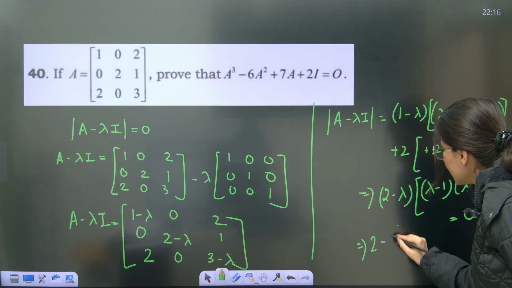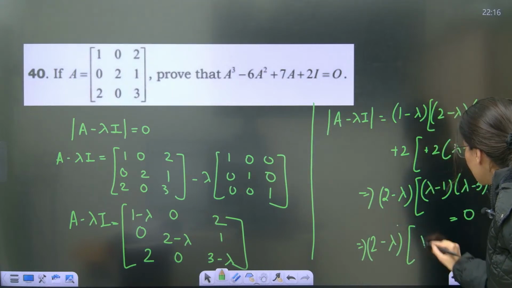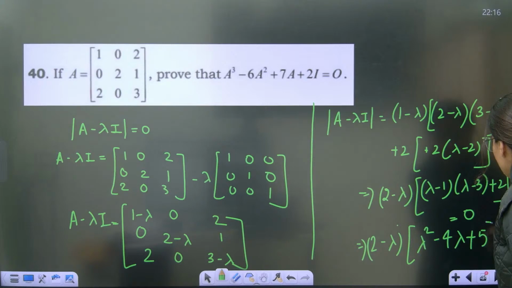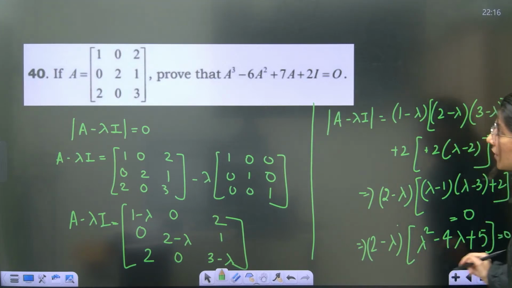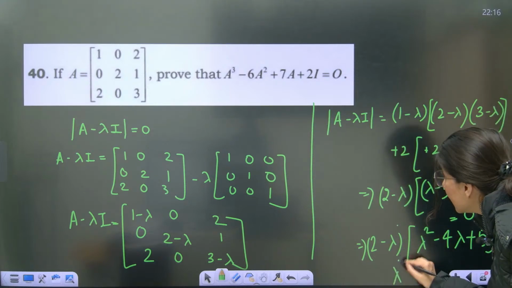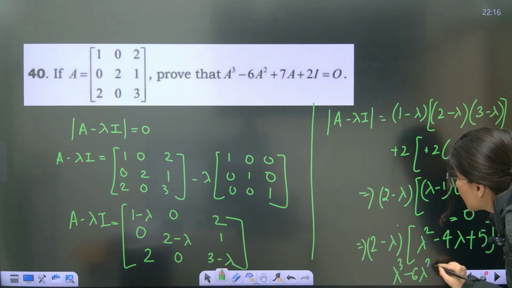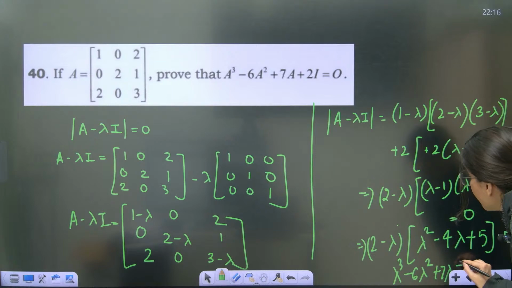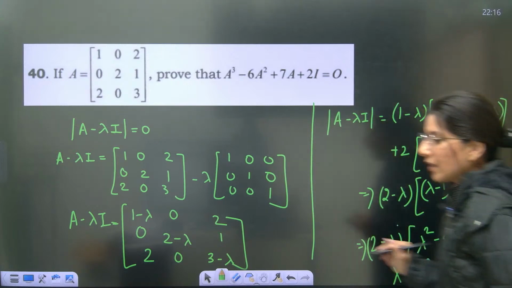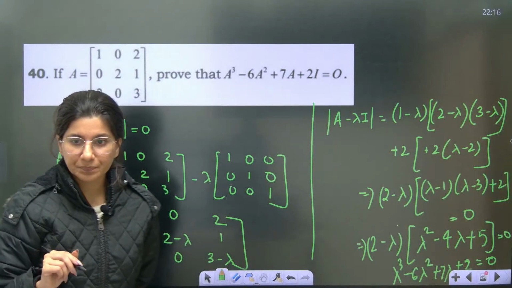So 2 minus lambda is right there, and lambda square minus 4 lambda plus 3 plus 5 equals 0. So you are going to get a cubic equation, and this cubic equation will be lambda cube minus 6 lambda square plus 7 lambda plus 2 equals 0. This is your cubic equation in lambda.